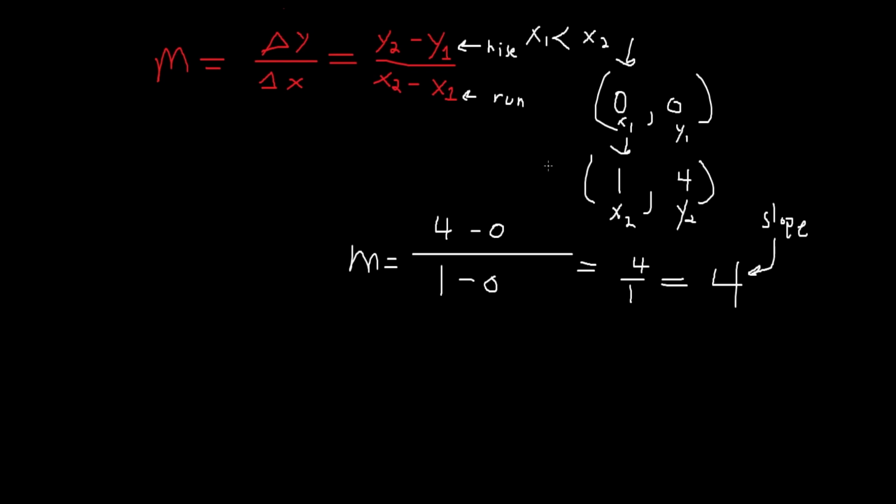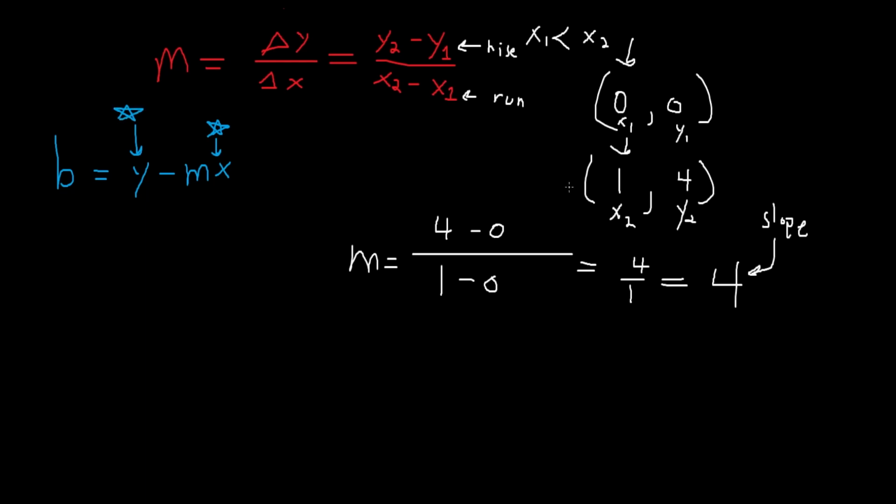So now we need to do a y-intercept, b. So our b value is going to be equal to y minus m times x. And these values of y and x, they can be anything as long as we have a point to work off of.